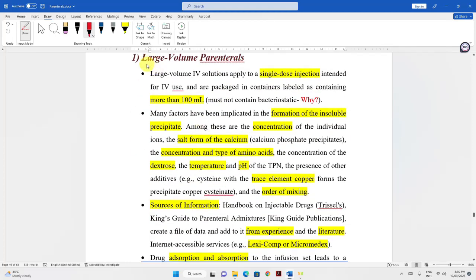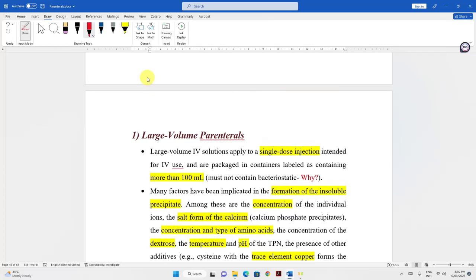Okay, we finished now the small volume parenterals. We said it's up to 100 ml. It can be single dose or multiple dose. Now we will talk about large volume parenterals that can only be single dose. If you remember in part 2 we said that multiple dose containers will not contain more than 30 ml or 10 doses, and we said why.